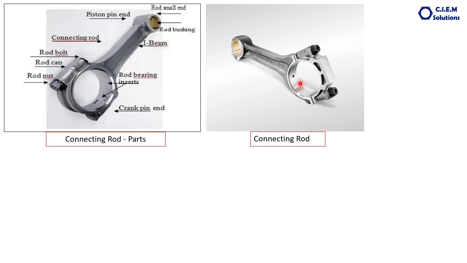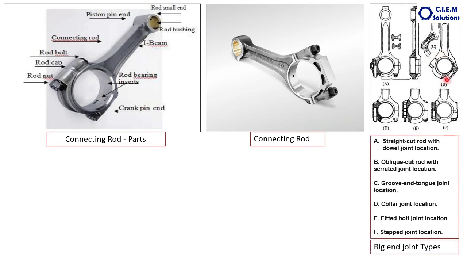Of the lubricating oil coming to lubricate the big end bearing, a portion of the oil is passed through this hole. And you can see there are different types of cuts and joints with the big end caps.